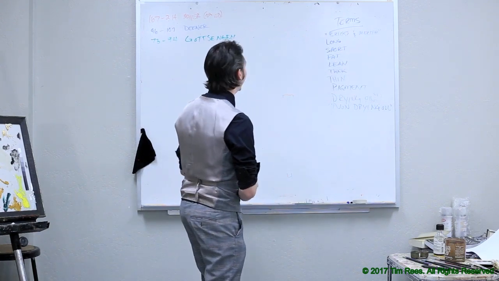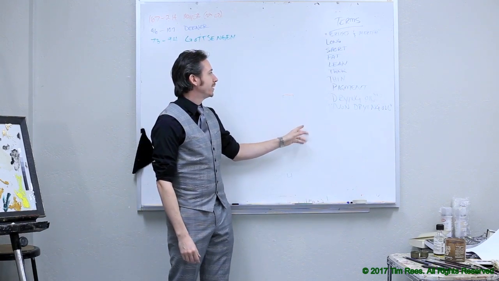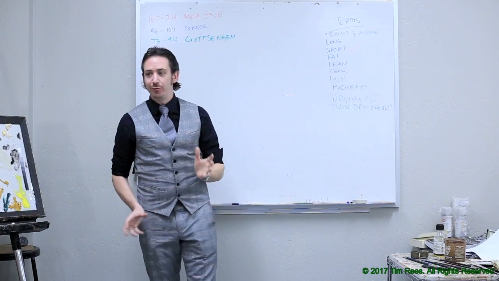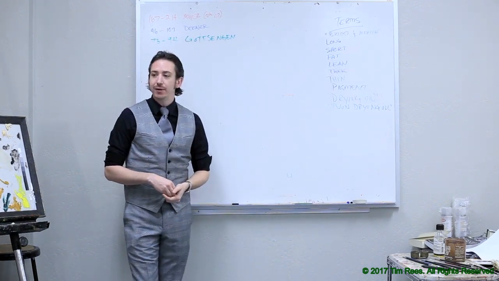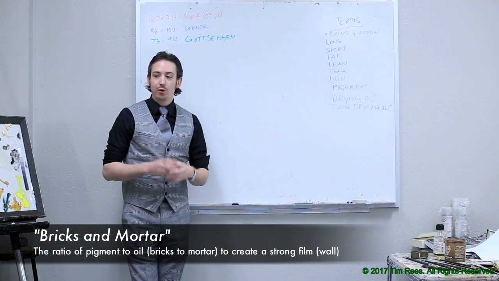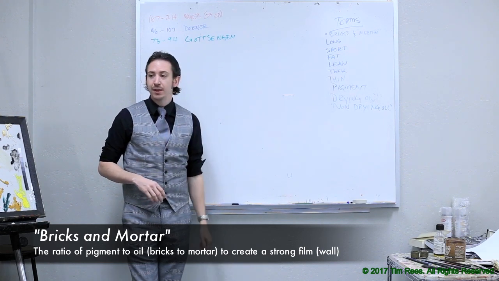All right, so a few terms that we're going to talk about here today. Bricks and mortar is a phrase you may hear some artists throw around, and that refers to the whole paint system as far as the suspension and the pigment.